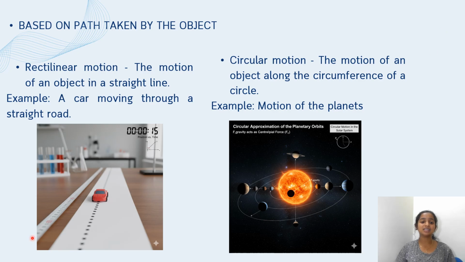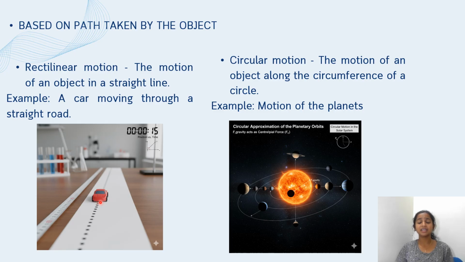So you can see in this photo that this car is moving along a straight road. We can think about this as a road. So this car is moving along a straight line. So we can say that the car is in rectilinear motion. Then what is circular motion?